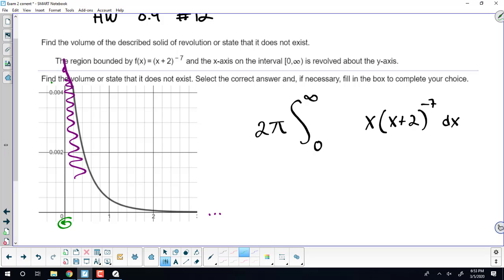So you've got two choices. We can say, all right, do I want to slice parallel to the axis of revolution, or perpendicular to the axis of revolution? Then we say, is the top function minus the bottom function easier to compute, or is the right function minus the left function easier to compute and integrate?